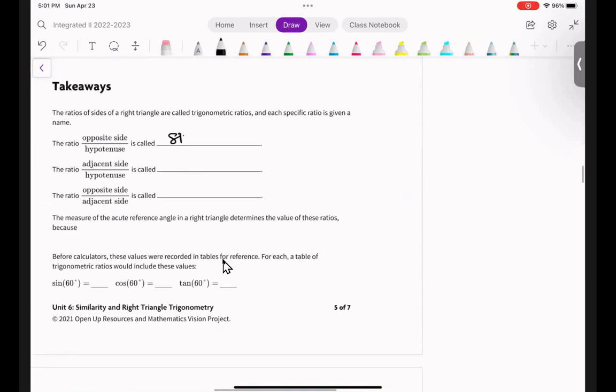So when we write sine, sometimes you'll see me write it as S-I-N for shorthand. But when you're actually writing out the word, it's sine. Adjacent is CAH. So I'll write this again: SOH CAH TOA. So this is cosine, and this is tangent.